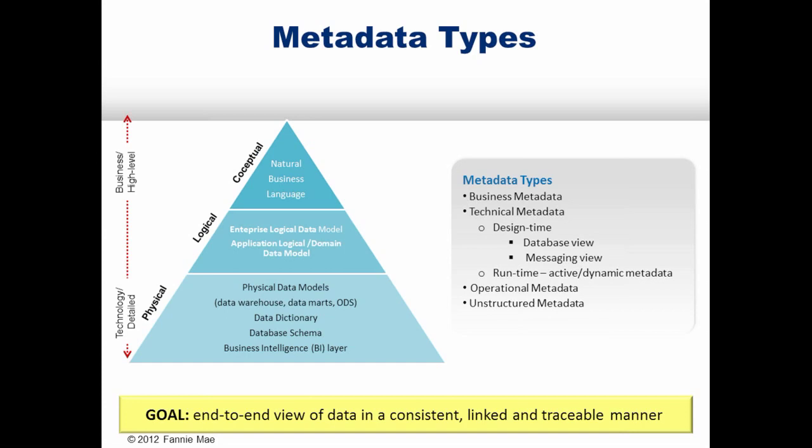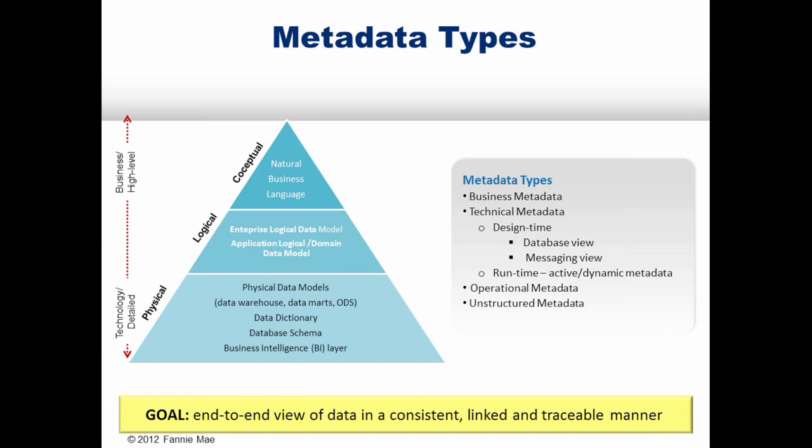From a business glossary, you then try to have ties into your logical data models. From there, we want to connect down into our application models. Then we get down to the physical, where you actually instantiate these systems at a physical layer, with your physical data models, your actual databases, and your BI layers.